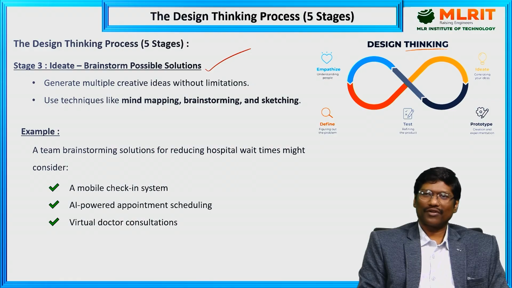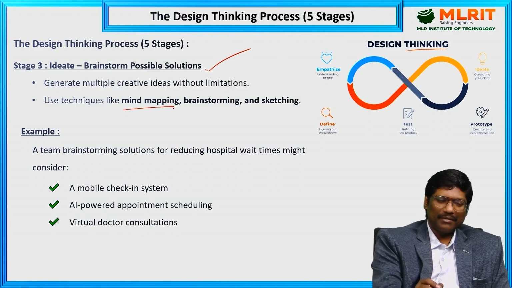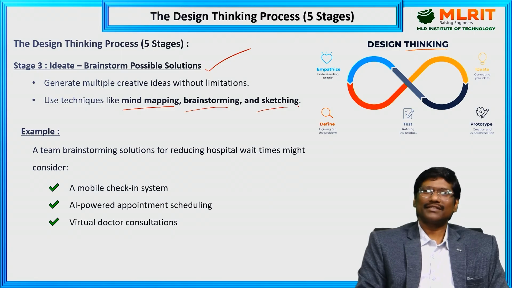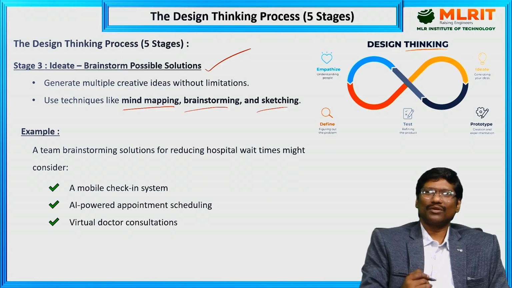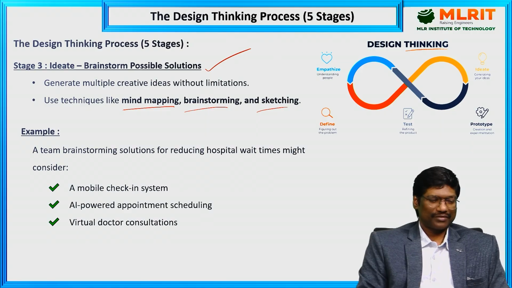So before you come up with any solution, use techniques like mind mapping, brainstorming, and sketching. There are certain techniques where you can come up with a solution for the problem identified in the previous stage, right?